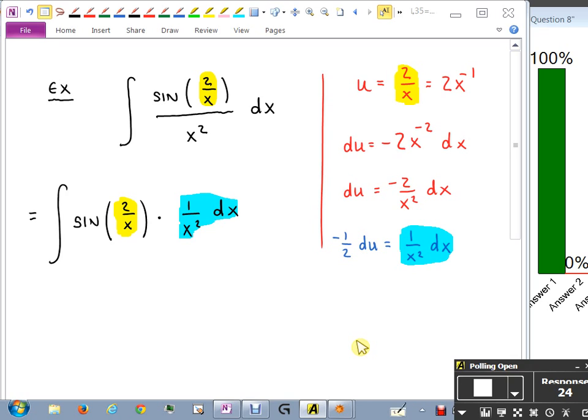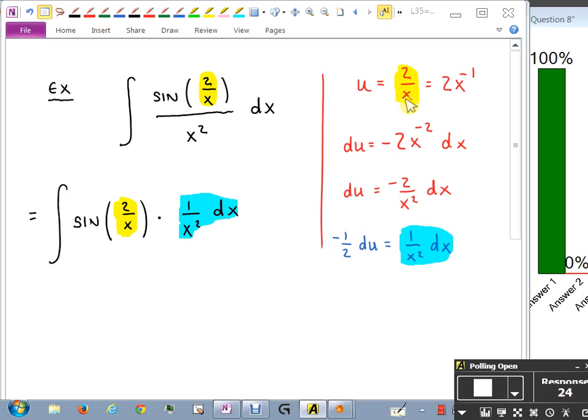For example, what was your name, sir? Jake? Okay. Jake was the one who recommended 2 over x. I'm assuming Jake saw 2x to the negative 1, because that's what you said, and Jake knew that the derivative of 2x to the negative 1 would produce the x squared in the denominator that we needed. The only way he knows that is if he's done enough differentiation to have that almost automatic, right?